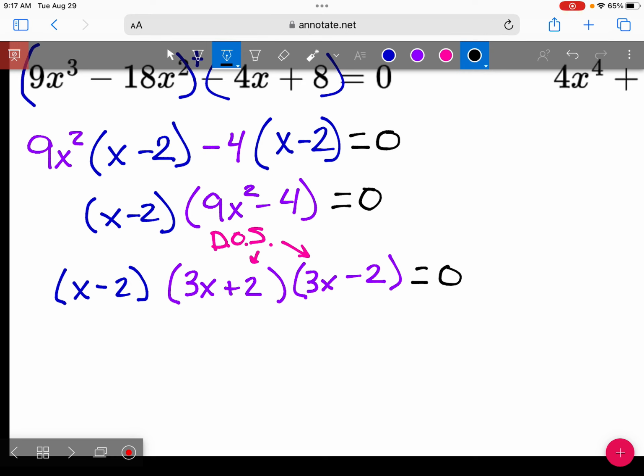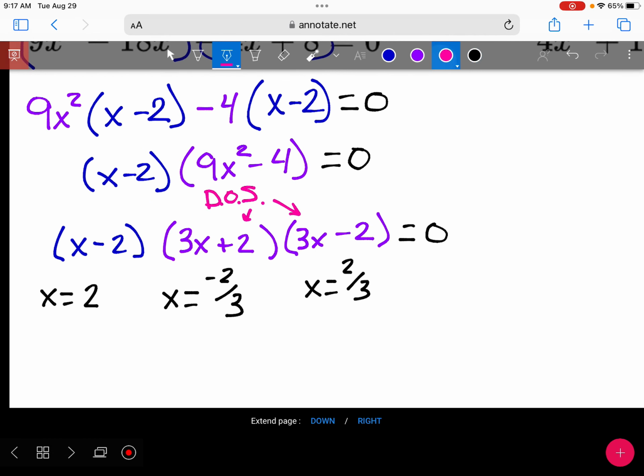What are our solutions? x equals 2 and x equals plus or minus 2/3. This one is x equals minus 2/3. This one is x equals positive 2/3. I'm absolutely okay with plus or minus 2/3. Totally fine.